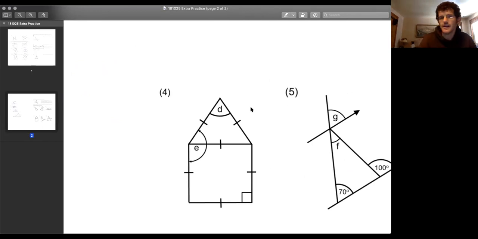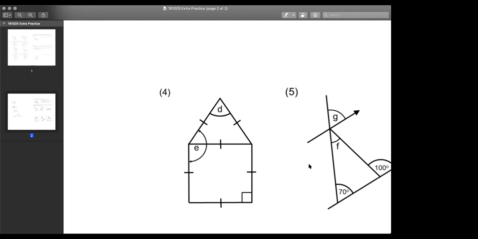All right, so let's look at this right here. And what kind of triangle are we looking at with this diagram? Does anyone have a name for that triangle? Equilateral. Very good, equilateral.